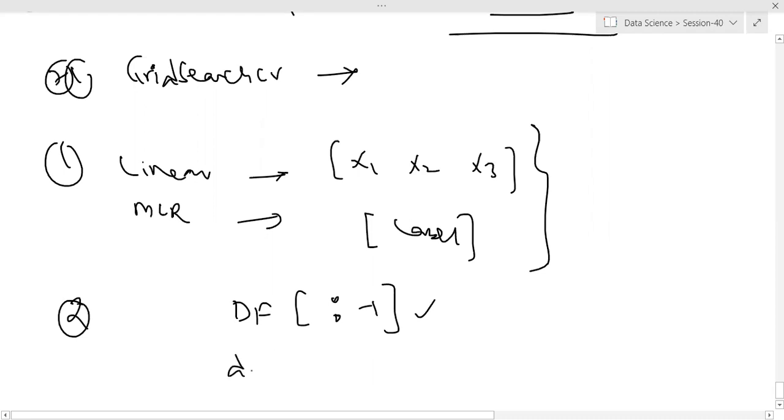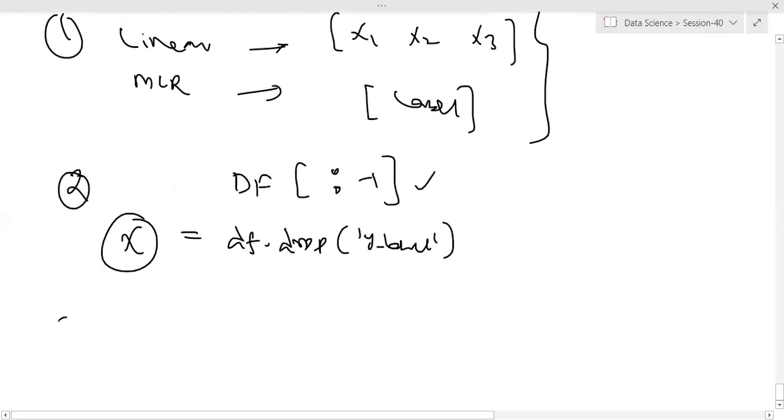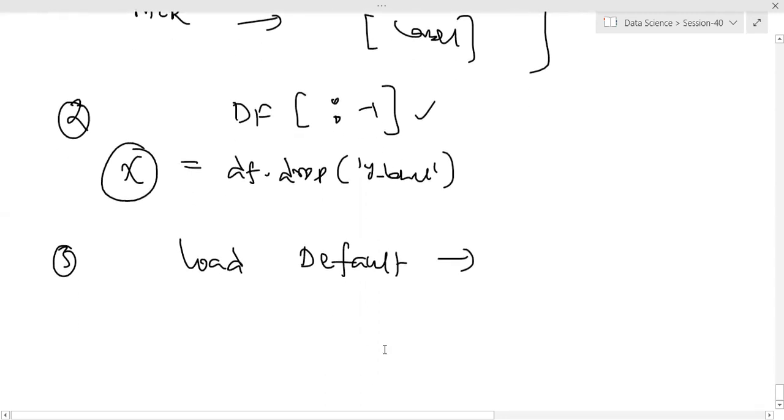Some of the aspects we can drop, whereas the Y is the label value, and the remaining things I make use of as X. Now in this particular case, as I'm loading the default data, there are certain conventions where X and Y are already properly managed, so that I can see the features directly as well as the target values, and I am using that convention.